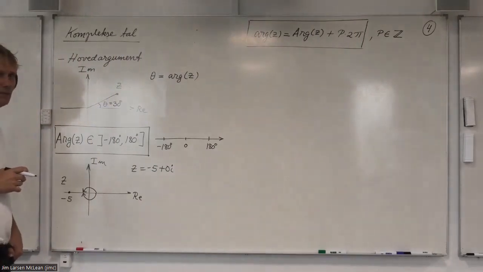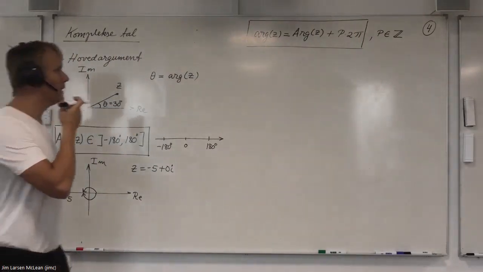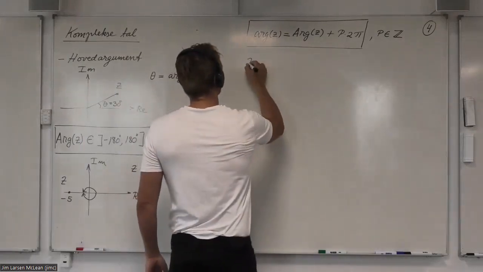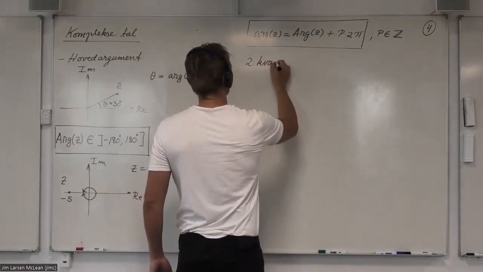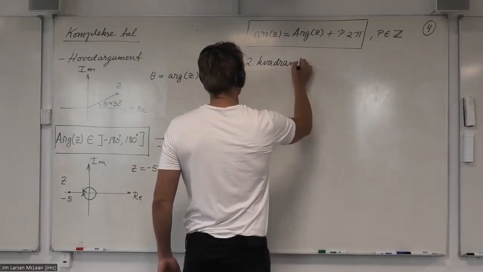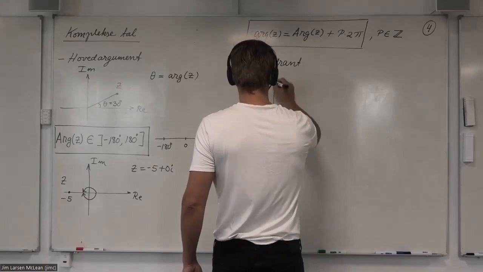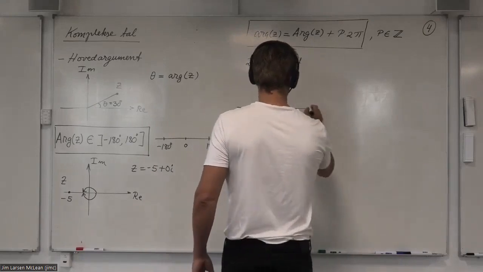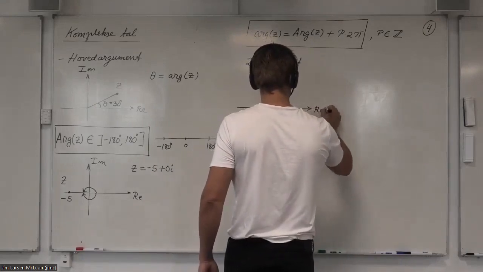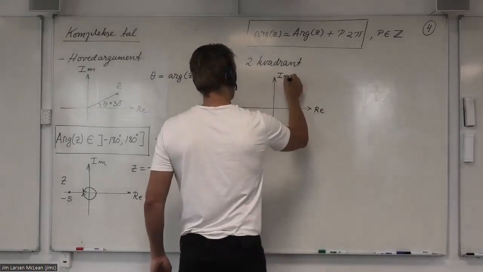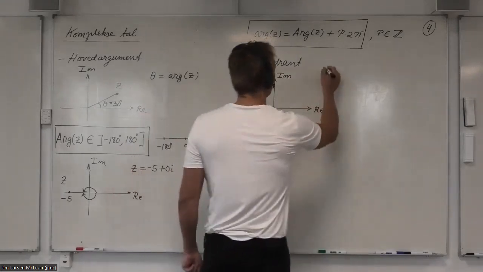Are you following this? Okay. So let's see what happens if we're in the second quadrant. So now we draw again the graph paper, and then we draw a complex number that lies in a quadrant. I'll just come up with one first.